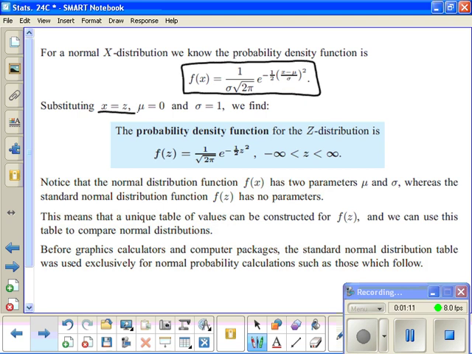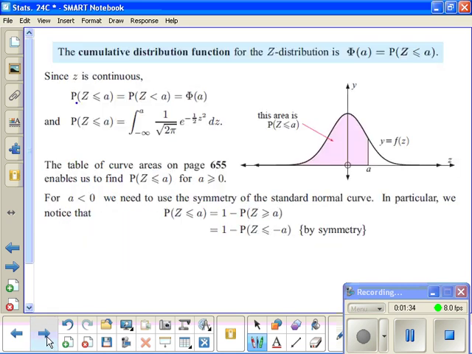If x is equal to z, the mean is equal to 0 and the standard deviation is equal to 1, that function becomes this function just by substituting in. And then we can compare sets of data. So I could compare a math test to a science test. I could compare different things to each other because I'm converting them to the same scale.